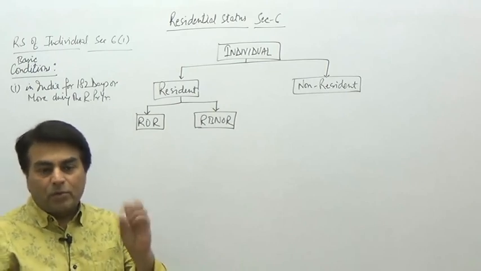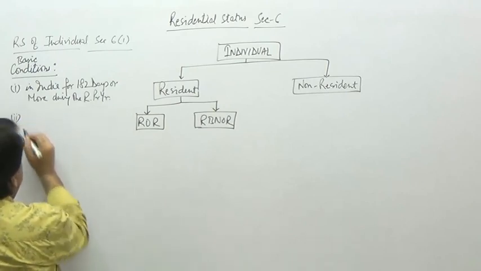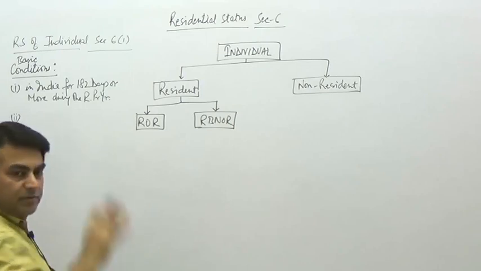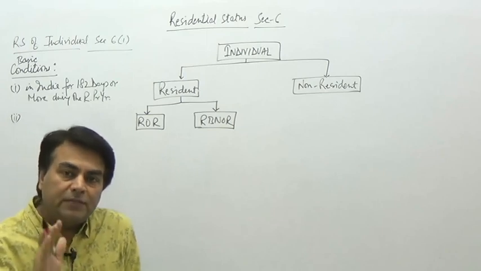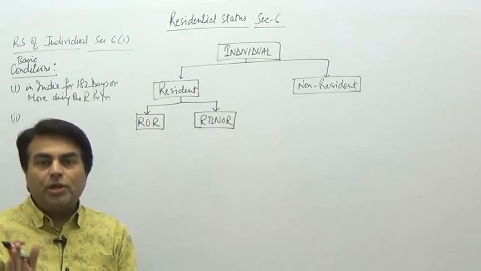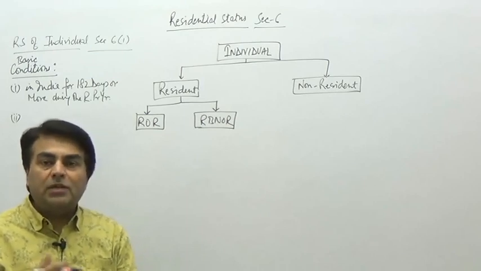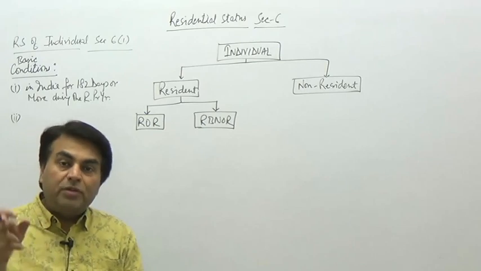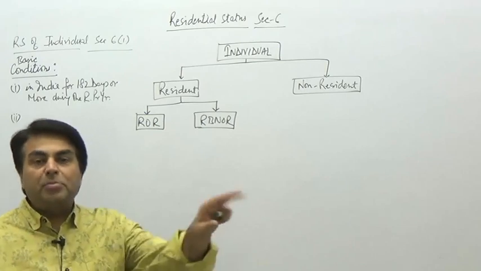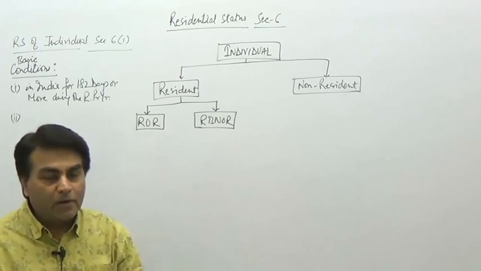Now, what is the second condition? The second condition here is that he is in India, first, listen to it carefully, for a period of 60 days or more during the relevant previous year, and for a period of 365 days or more during the 4 previous years immediately preceding the relevant previous year. Got it?